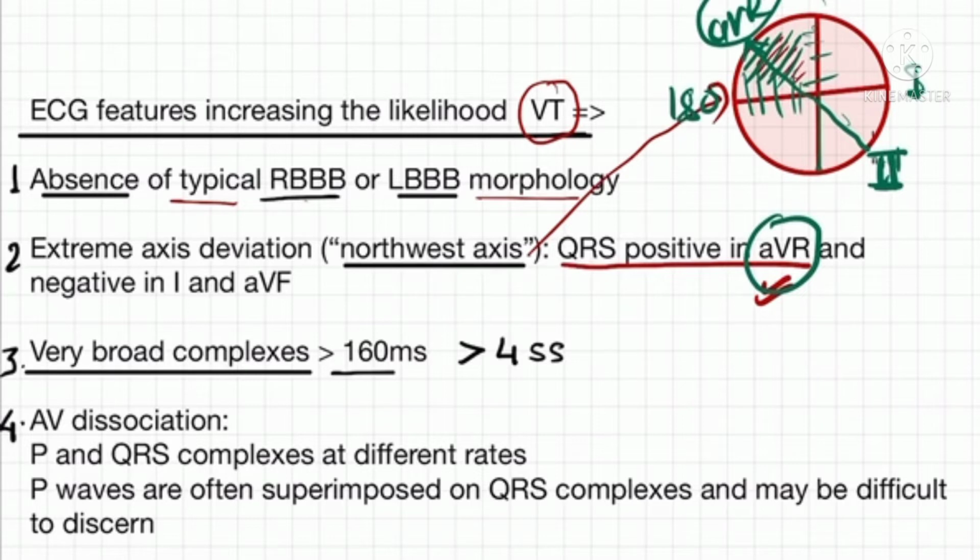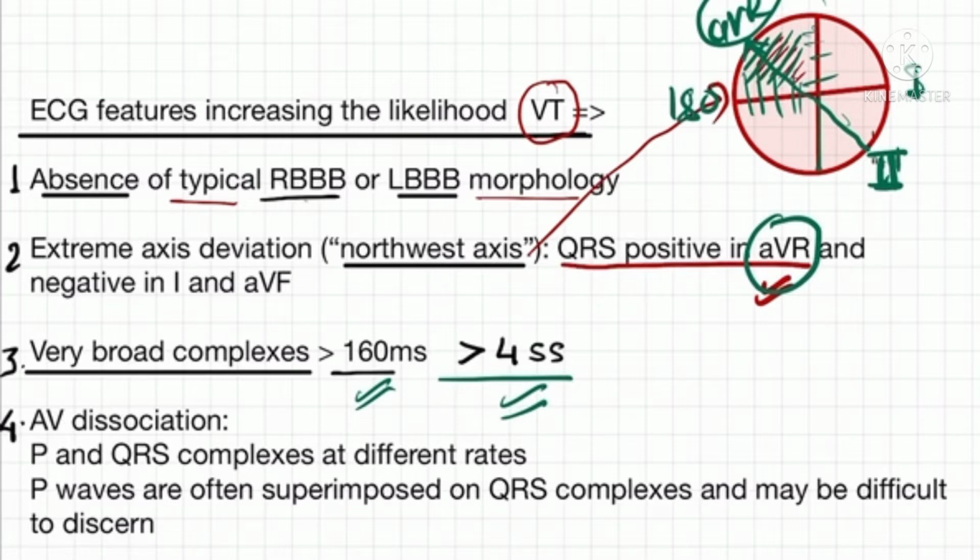For broad complex tachycardia, we see more than 4 centimeters. That means mild broad complex is more than 120 milliseconds, and for very broad complex tachycardia, the QRS complex is more than 160 milliseconds, or more than 4 small squares. VT will not have a narrow QRS.